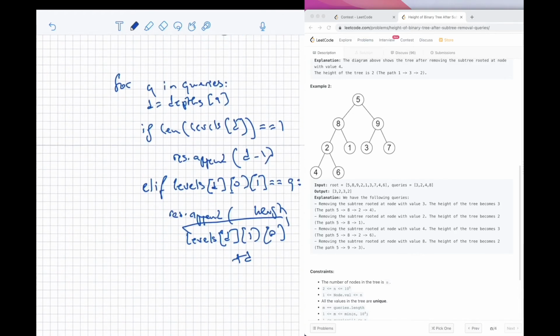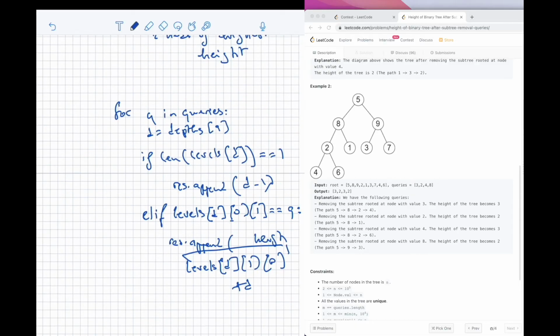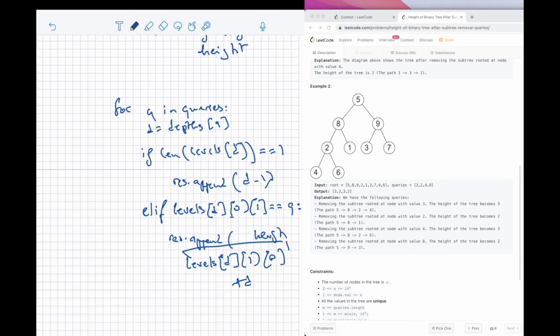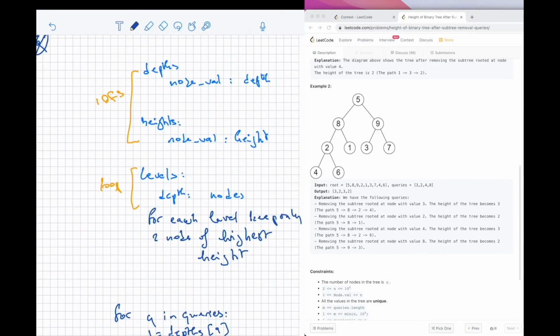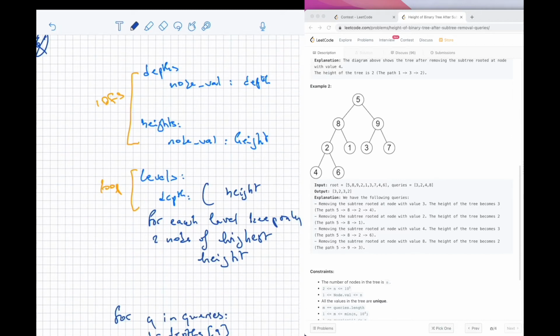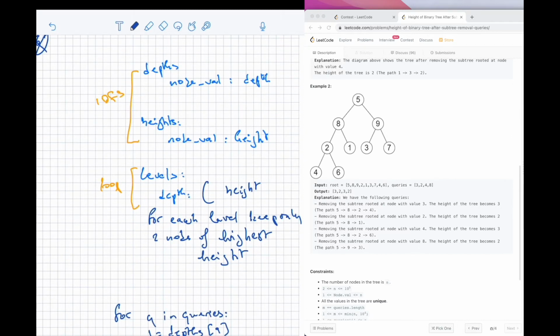So now this means that we need to put in levels both the node and the height, right? So here, levels has, each one, a pair of the height that we already calculated here, so we can obtain it by just doing heights of node val, and then the node val, okay?